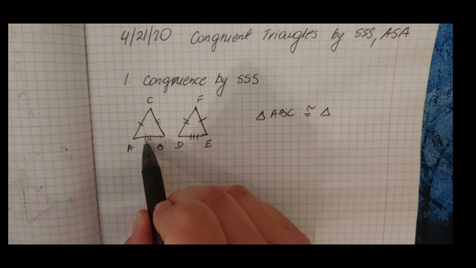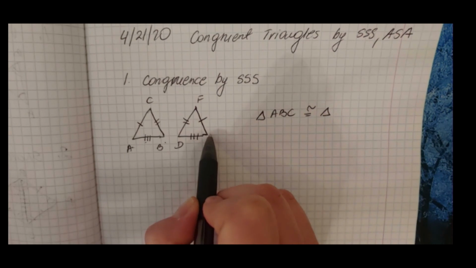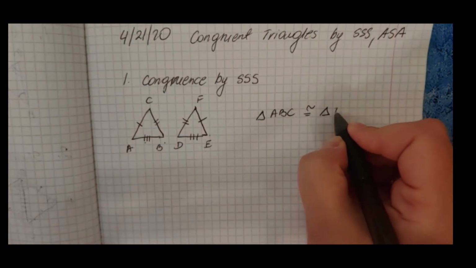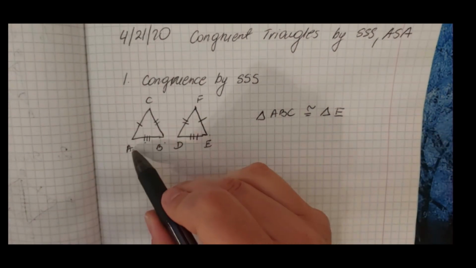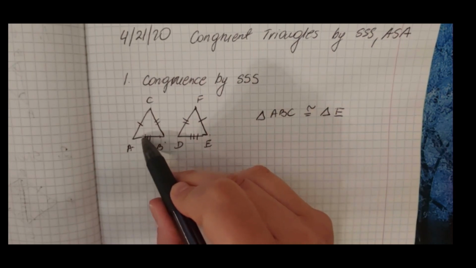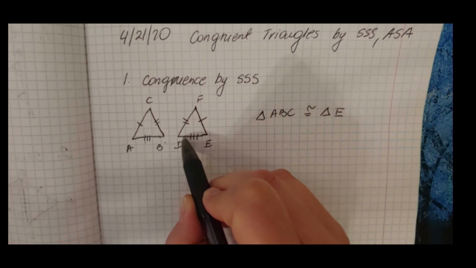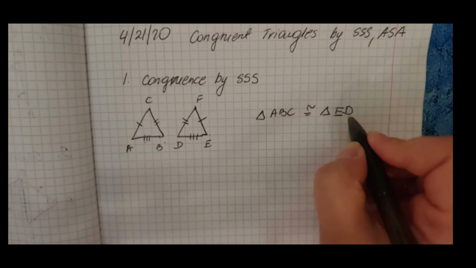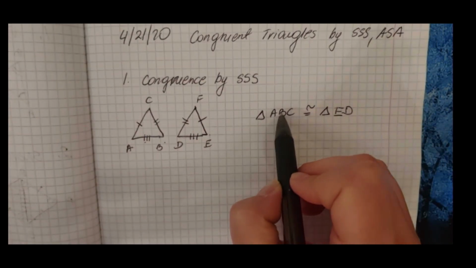Finding the angle between the sides marked 1 and 3 is angle E. That means A corresponds to E. Then I went from side A to B using the 3 markings, so I'm starting from E using 3 markings, going to D. And then I'm going to go from B to C.